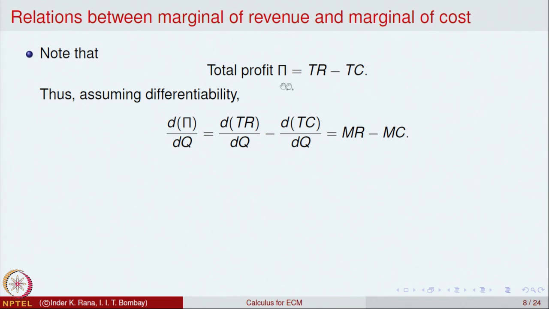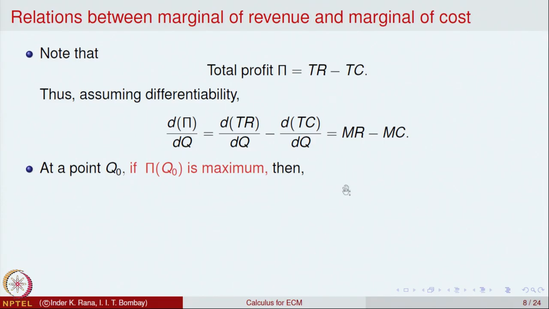Here we are using the derivative formula: the derivative of a sum or difference is the corresponding sum or difference of the derivatives. Now, the derivative of TR is denoted by MR, that is the marginal revenue, and the derivative of total cost is denoted by MC, that is the marginal cost. If Q is a point of maximum, let us call it Q0, then pi(Q0) is a maximum, and by the necessary condition we know that d pi/dQ evaluated at the point Q0 must be equal to 0.